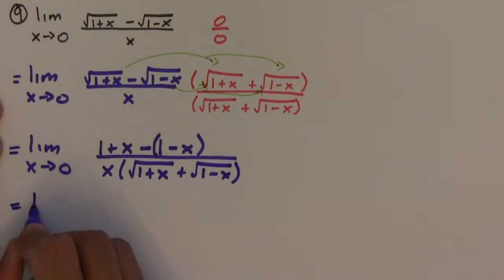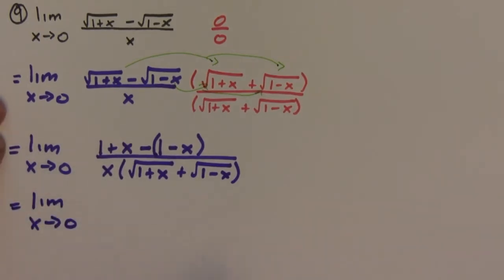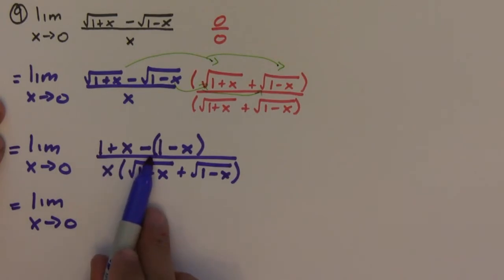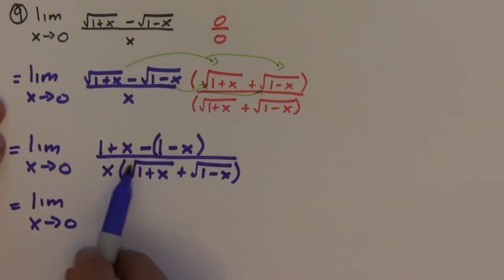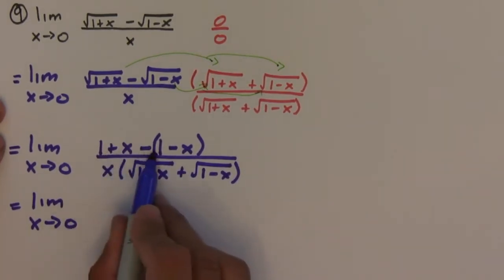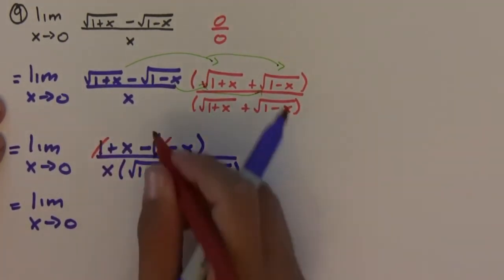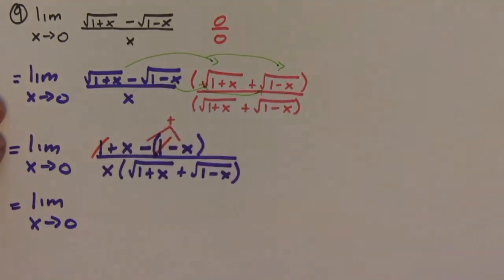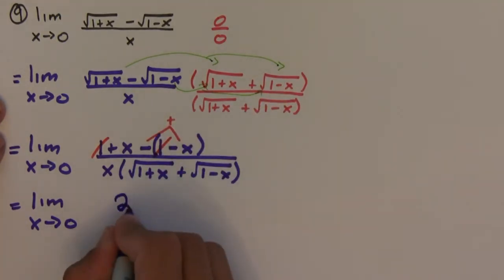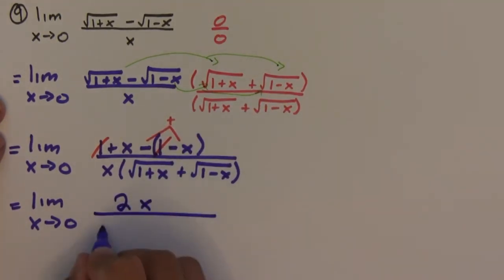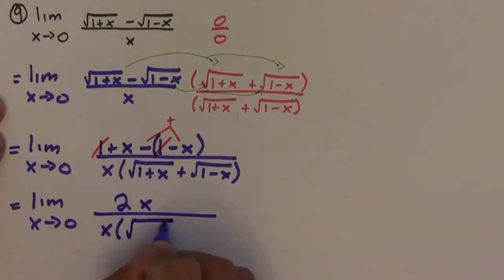Okay, and so what ends up happening is that I have the limit as x approaches 0 of, one minus 1, so the 1's are going to cancel, and I have x minus a negative, so these two turn into a positive, so I'm going to have 2x on the numerator. On the denominator I have the same thing.